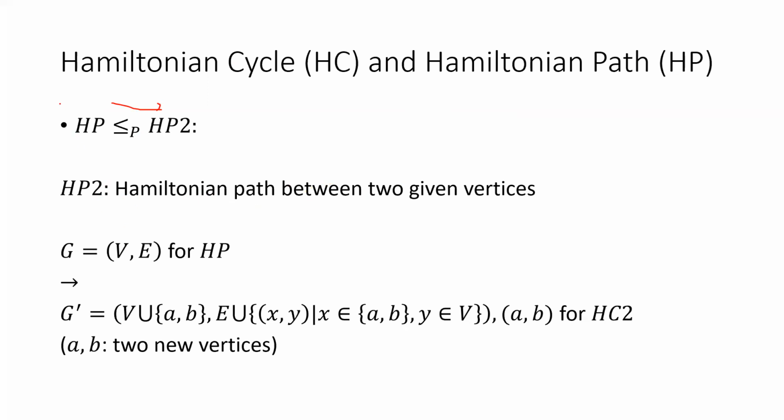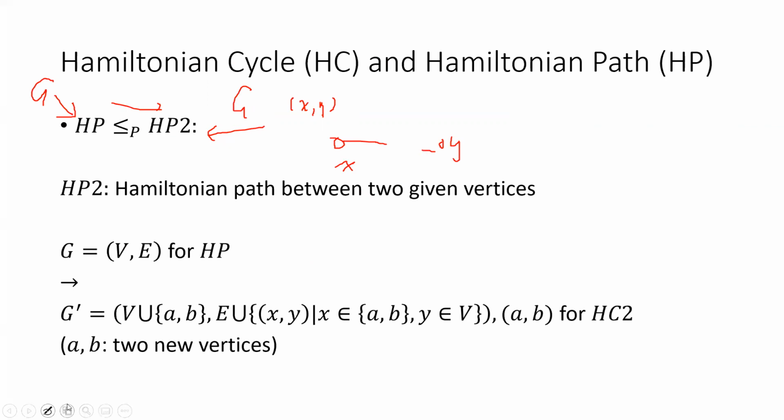For the HP problem, you give a graph G for it to determine whether G has a Hamiltonian path or not. But for HP2, you have to give G and also two vertices X and Y for it to determine whether G has a Hamiltonian path between X and Y, starting from X and ending at Y.